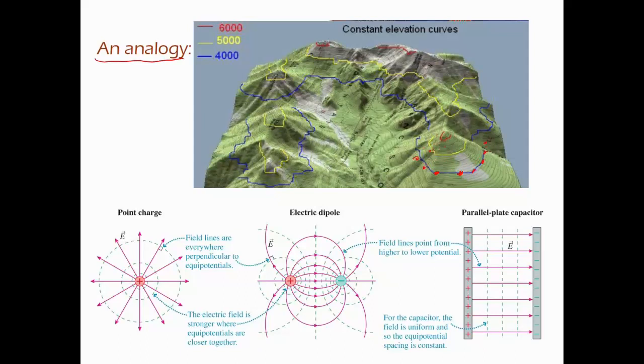Here 5,000 meters. The red line is 6,000 meters. So these are examples of the elevation graph, and the elevation graph is the equipotential lines. The only difference is this is in gravity. These are the equipotential lines drawn in gravity, and these are the equipotential lines in an electric field.